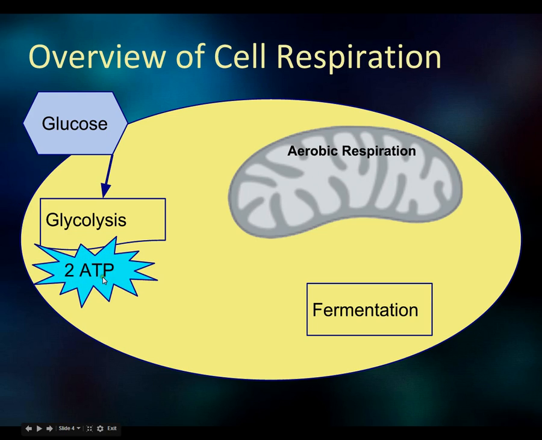What you get from glycolysis is 2 ATP molecules. So glycolysis is just the name of a set of chemical reactions. It's a chemical process that happens in the cytoplasm. And the result is that you get a net gain of 2 ATP from glycolysis.